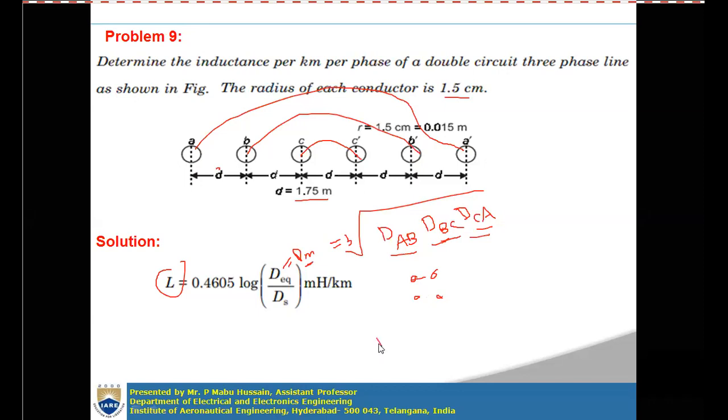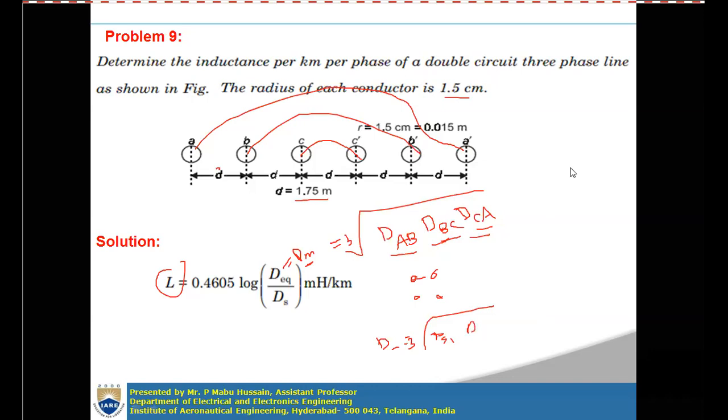Similarly, DS here is the cube root of DS1, DS2, DS3. These formulas you have to remember, right? DS1, DS2, DS3 are the self GMDs considering each single phase. If you consider phase A, you have A dash.